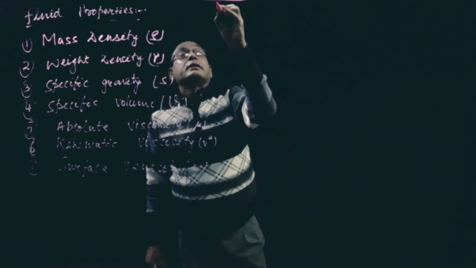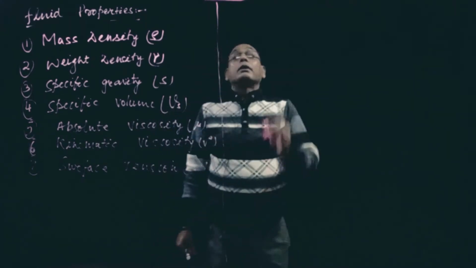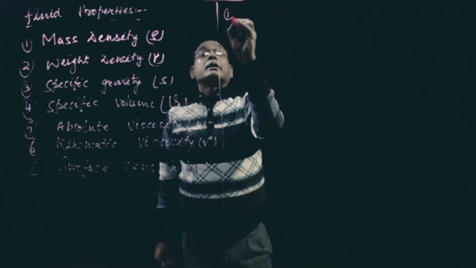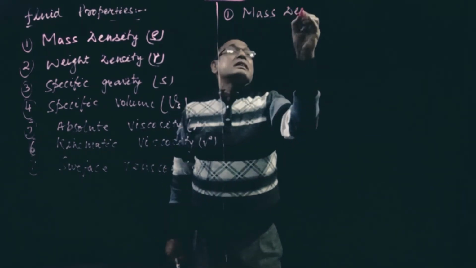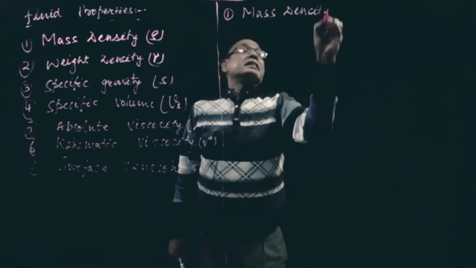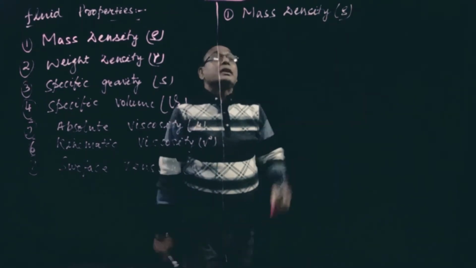So number 1, mass density, denoted by rho. Definition.